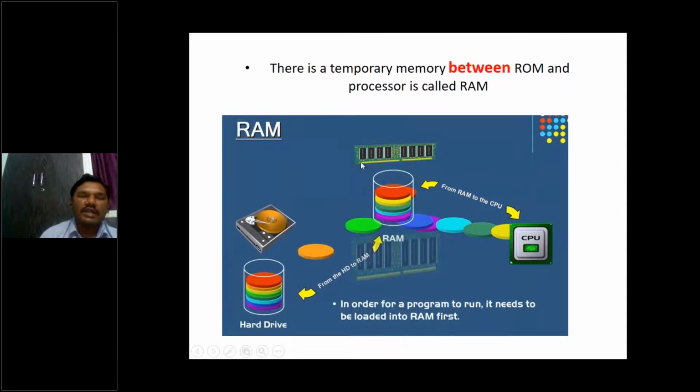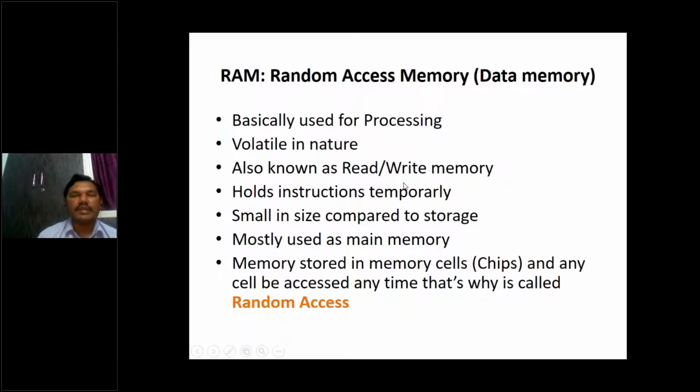So we need to increase the RAM memory to open more applications. That's why in our mobile phones also we are increasing RAM to 1 GB, 2 GB, 4 GB, 6 GB or 8 GB, because people want to open more and more applications. That's why we are using this RAM memory.